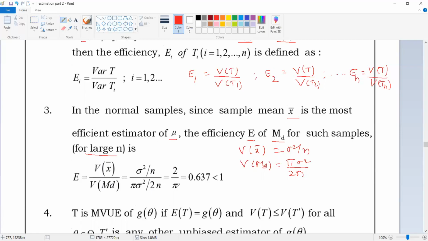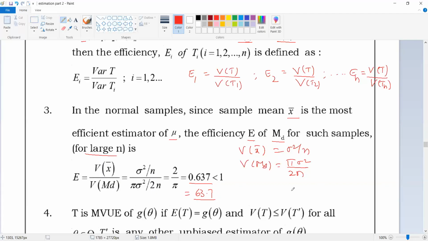After simplification, this is 2 by pi, which is equal to 0.637. This is the efficiency of the median compared with the mean. In terms of percentage, it is 63.7%.